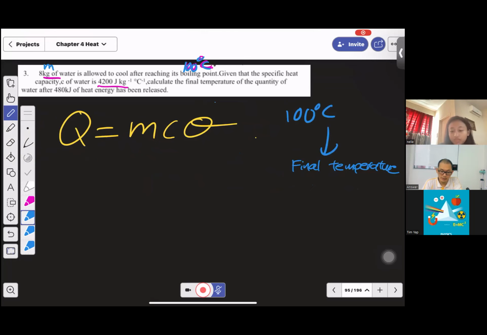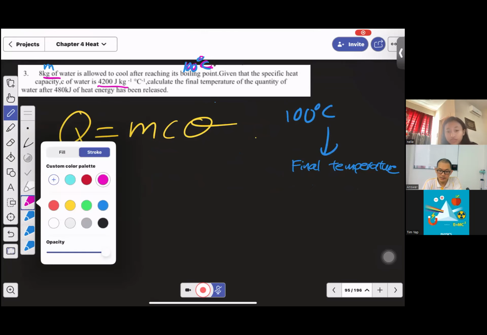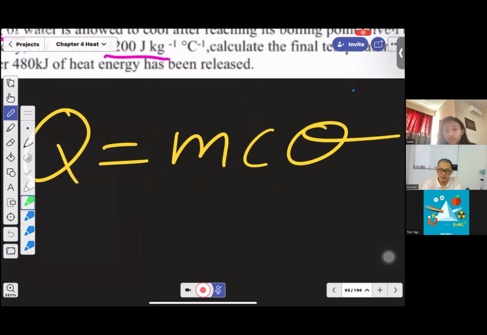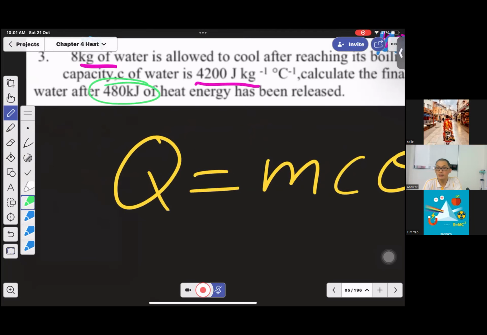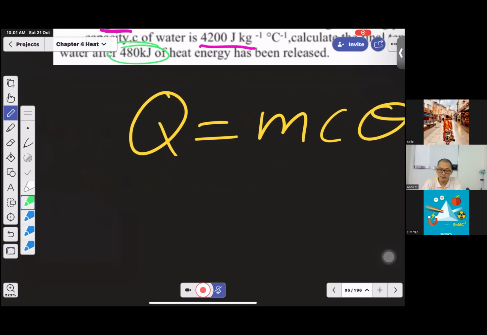So in this process, this amount of heat has been released. So this amount of heat is 4,800 joule. The specific heat capacity is 4,000 joule per kg. It's like this.